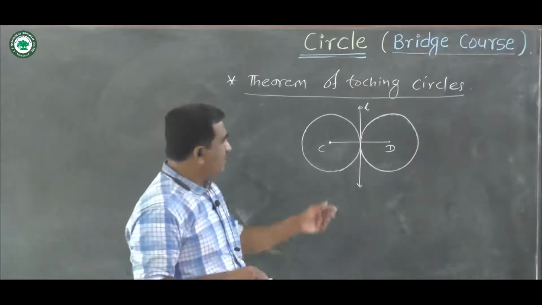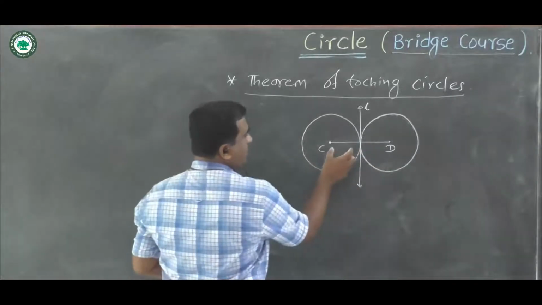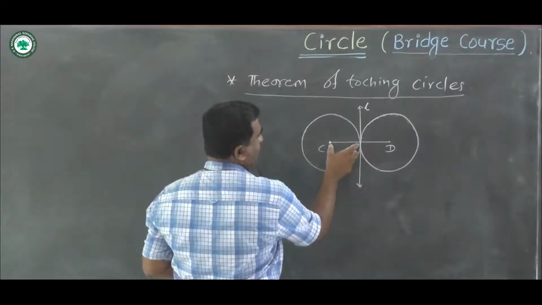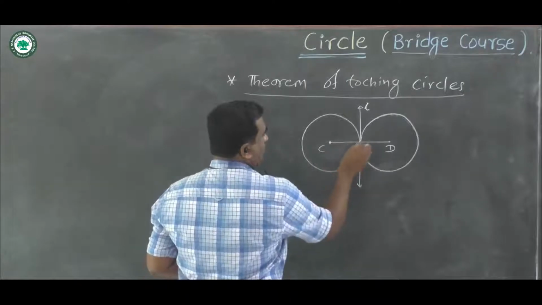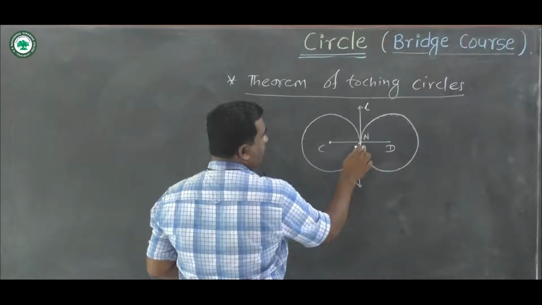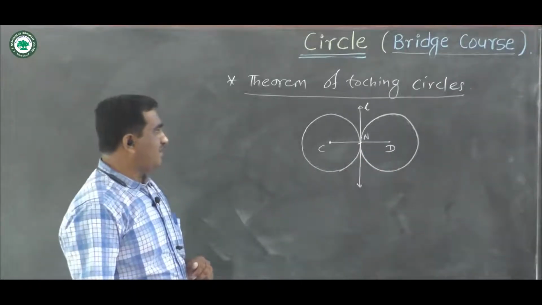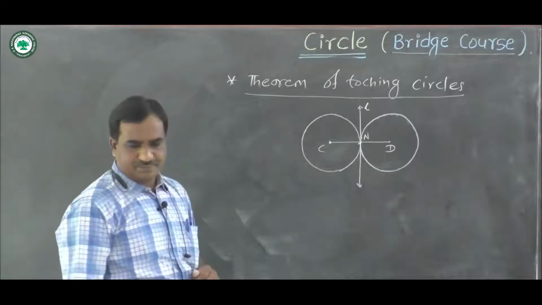And the distance between these two centers is equal to the sum of the radii. That is, if we take this point N here, radius CN plus radius ND is equal to the distance between the centers of the circles.